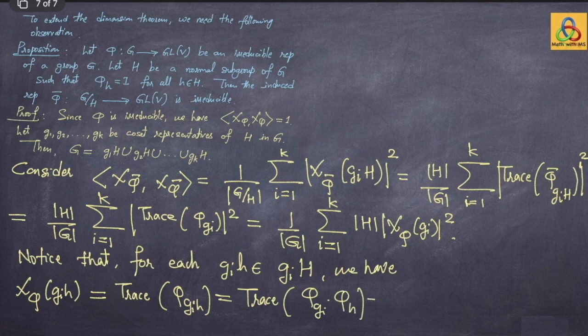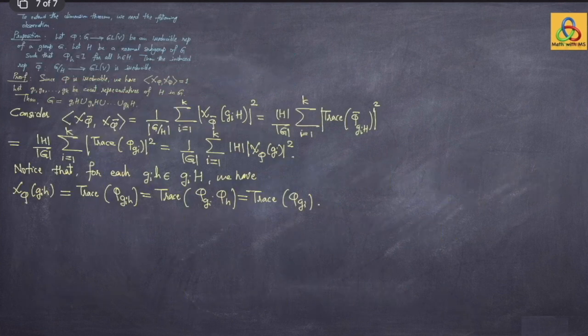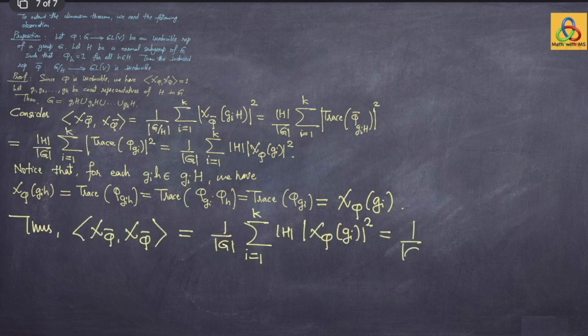But what is phi h? Phi h is just the identity, therefore it is the same as the trace of phi gi, which is the same as chi phi of gi. So therefore if we multiply the coset representatives by any element of H, the character value is the same.